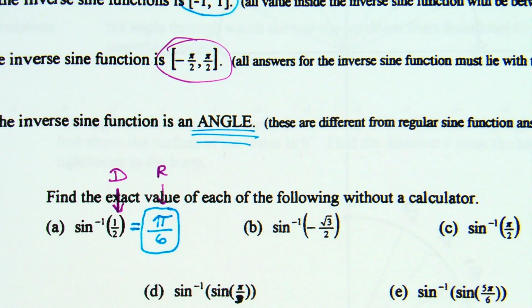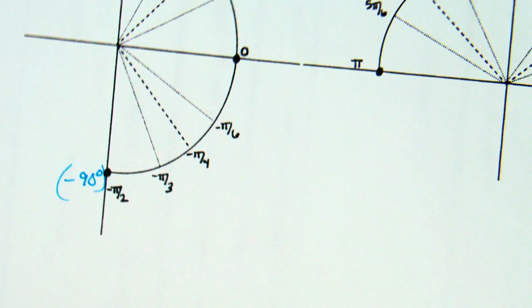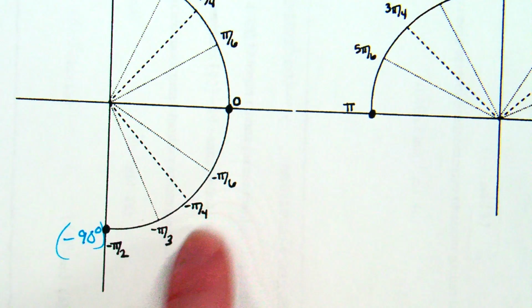My range is, I can give an answer anywhere between negative pi over 2 and positive pi over 2. So numerically, I know you're looking at your chart and you're like, it's on the chart in that spot though. So what I'm trying to say is, what is another name for 5 pi over 3? Negative pi over 3 is what I'm looking for. Do you see where I'm going with that? If you flip back on the back of your notes, it's a pi over 3 in this quadrant.